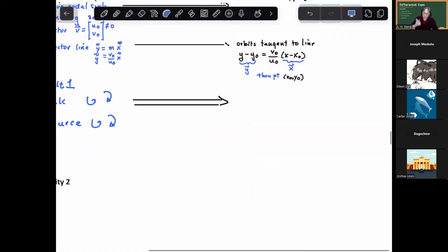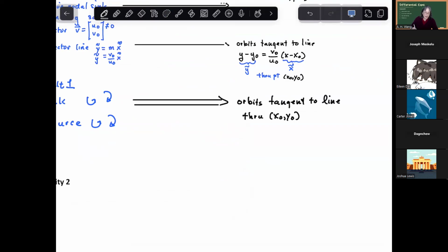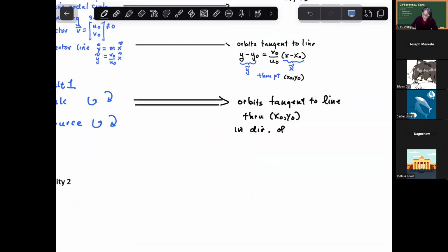Then here, the orbits are tangent also to the line through x naught, y naught, and again in the direction of the linearized system. And the counterclockwise and the clockwise will match.